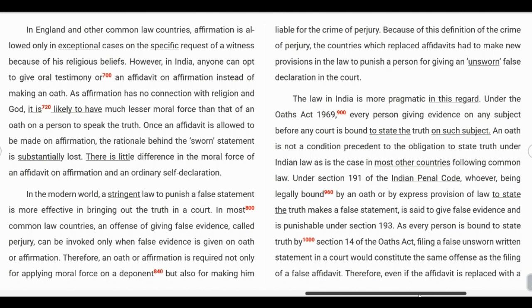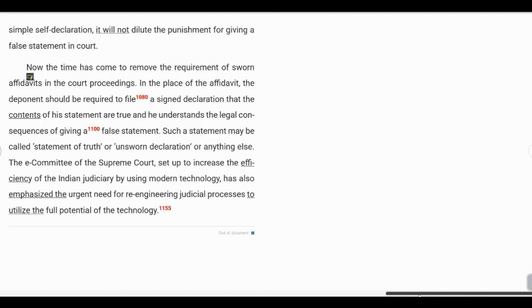As every person is bound to state truth by Section 14 of the Oaths Act, filing a false, unsworn written statement in a court would constitute the same offense as the filing of a false affidavit. Therefore, even if the affidavit is replaced with a simple self declaration, it will not dilute the punishment for giving a false statement in court.